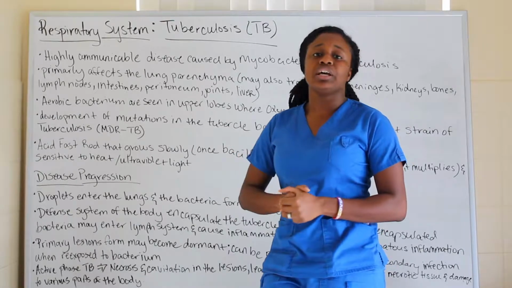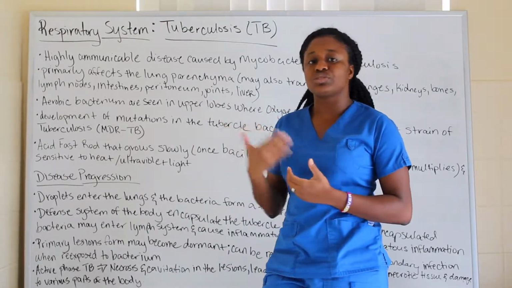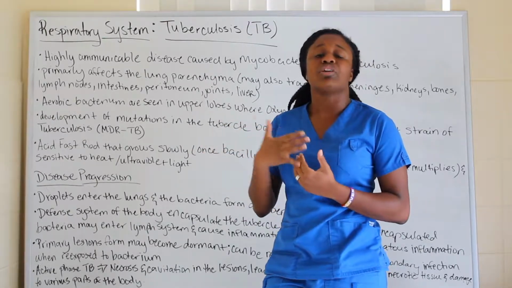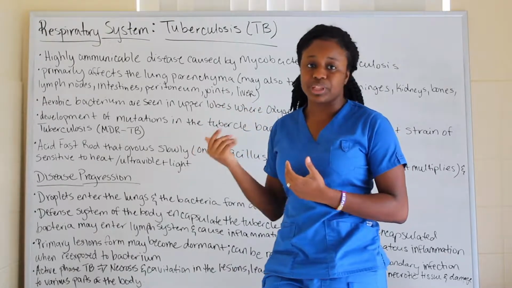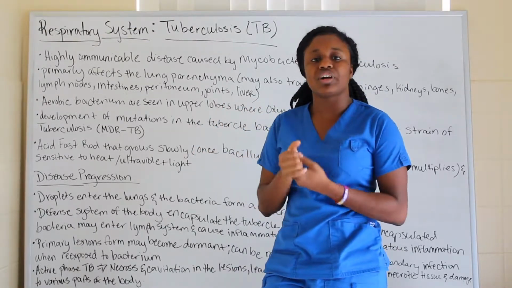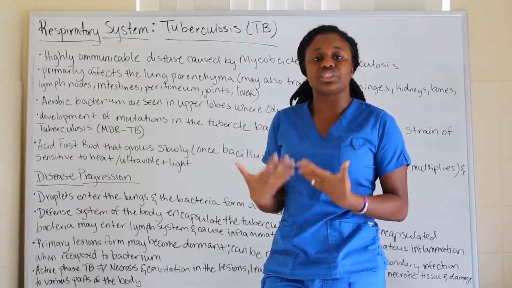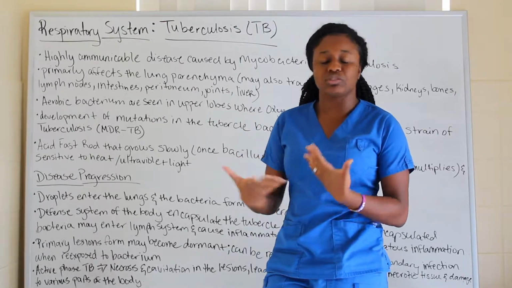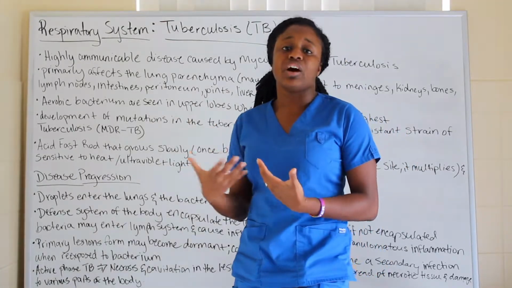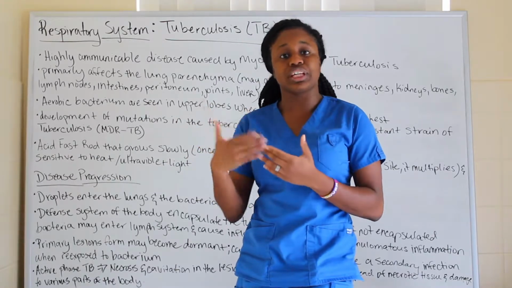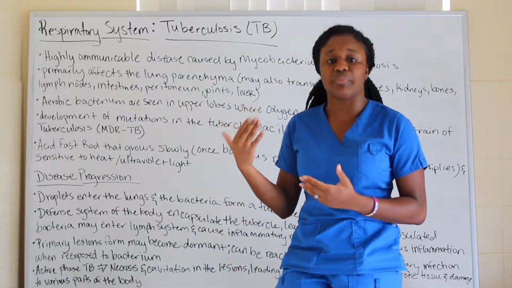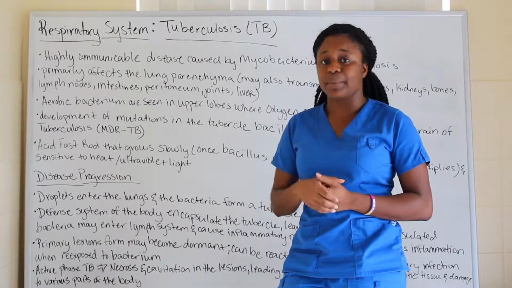Sometimes tuberculosis can mutate into a strain that is multi-drug resistant TB, which pretty much means it's very hard to kill off because it's been resistant to so many different antibiotics that now they have to kick it up a notch just to manage the disease process.